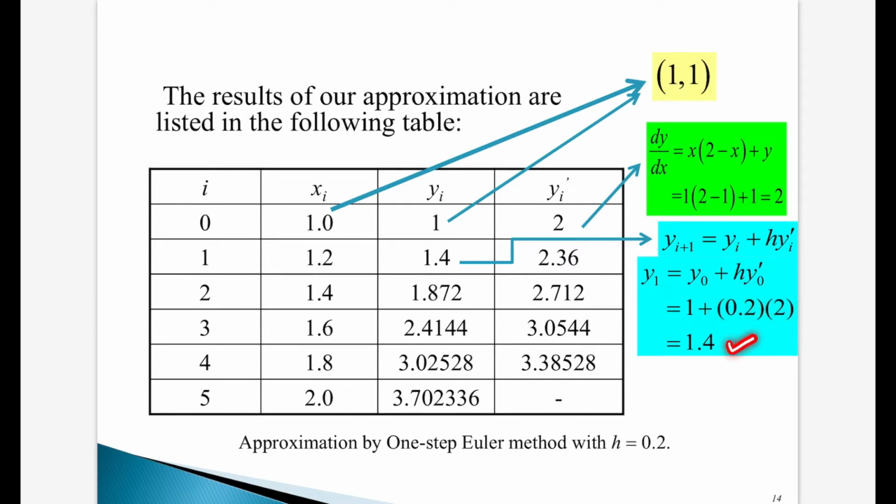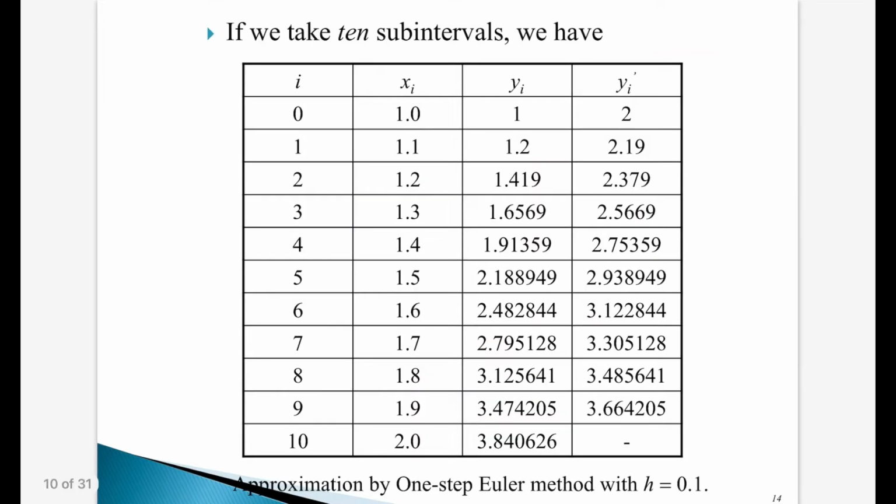Simplify this, then you will get 1.4. So just continue this calculation until i equal to 5. So this is your answer, 3.702336. If we take 10 subintervals, so i from 0 to 10.